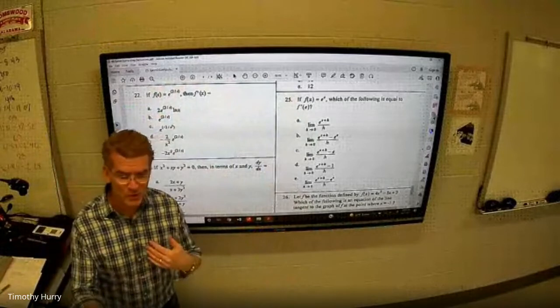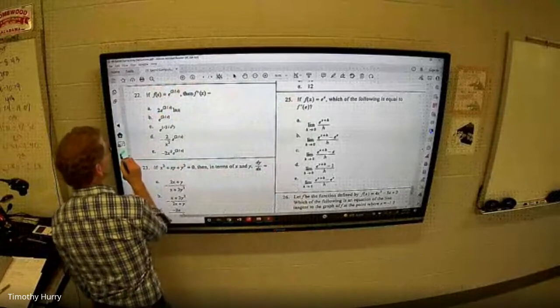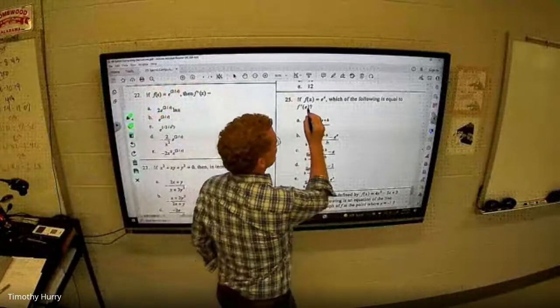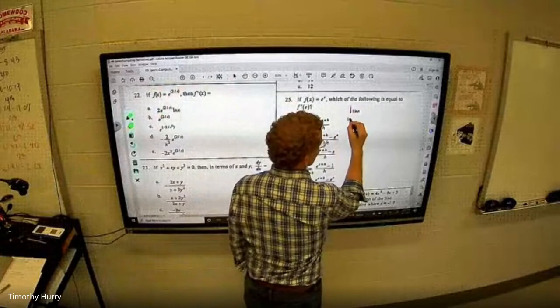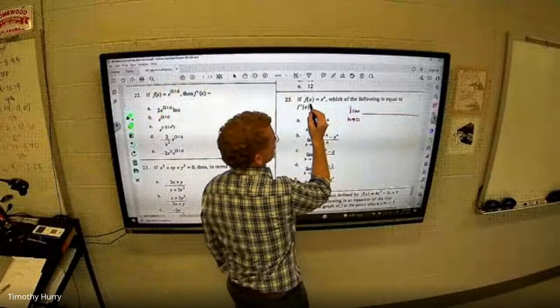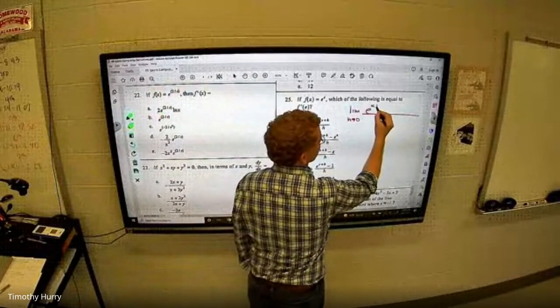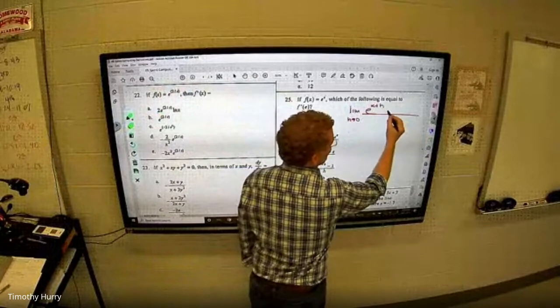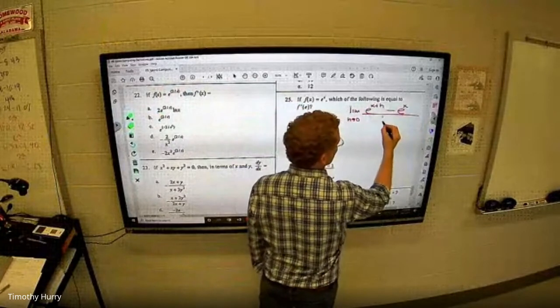Now the first one with f of x plus h minus f of x, what would that have looked like? So I'm kind of not looking at the answers directly right now. If that's the function, I would have the limit as h goes to 0 of what? F of x plus h. So if that's f of x plus h would be this, right? And then minus f of x would be this over h.